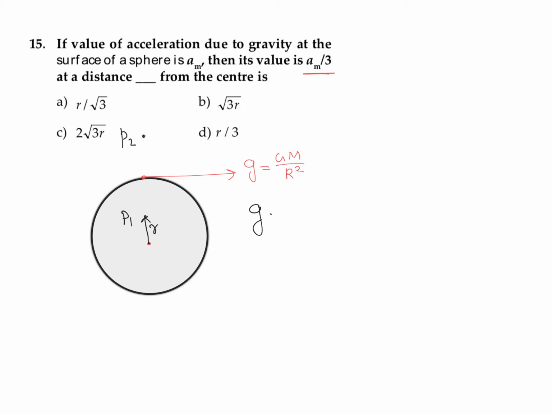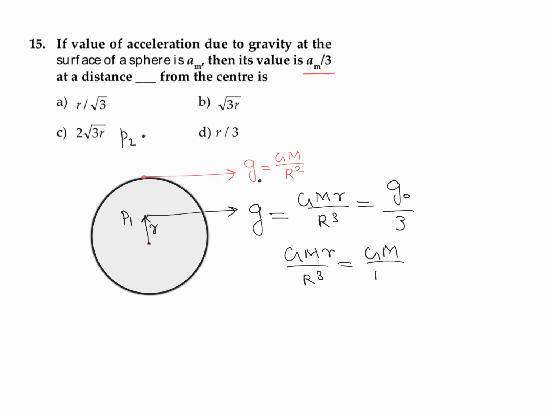So we know that acceleration due to gravity inside a solid sphere or inside earth is equal to GM into r divided by R cube. So in this question this value is given as 1/3 of the acceleration due to gravity on the surface. So we can write GM into r divided by R cube is equal to the acceleration due to gravity on the surface, which is GM divided by R square, into 1/3.